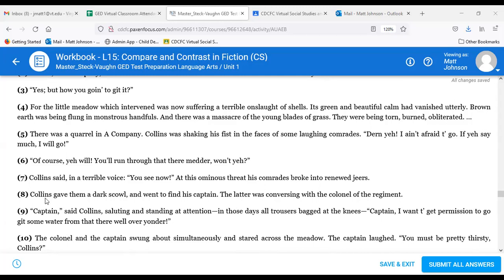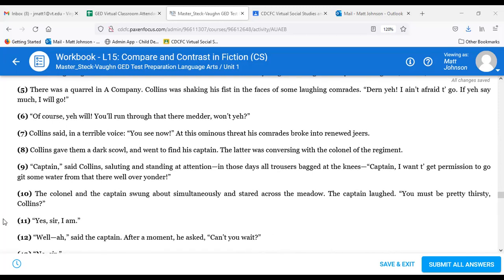Collins gave them a dark scowl and went to find his captain. The latter was conversing with the colonel of the regiment. "Captain," said Collins, saluting and standing at attention, "I would like permission to go get some water from that well over yonder." The colonel and the captain swung about simultaneously and stared across the meadow.